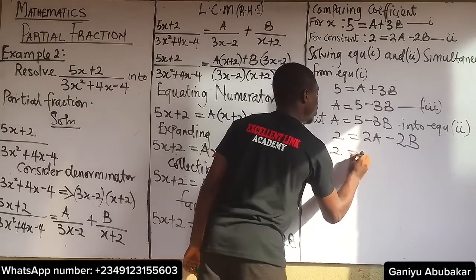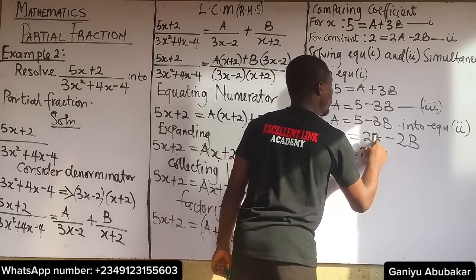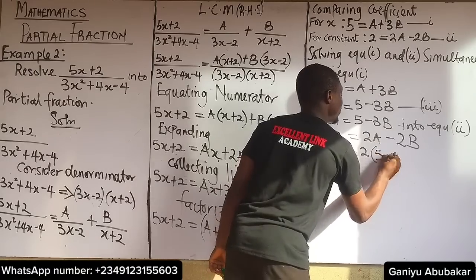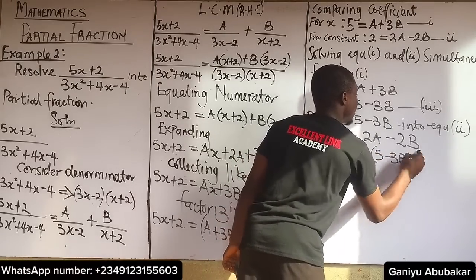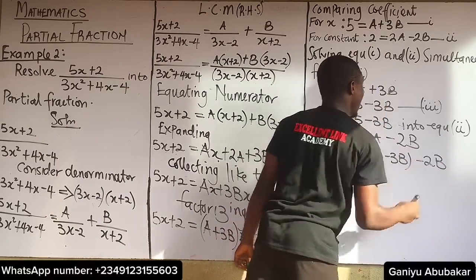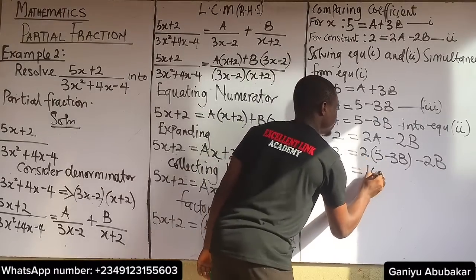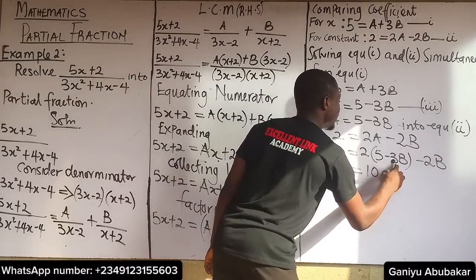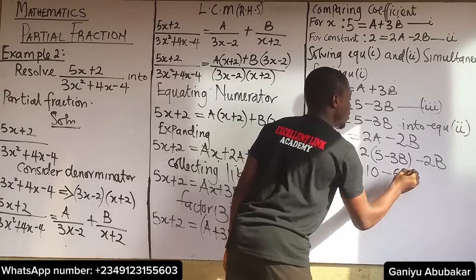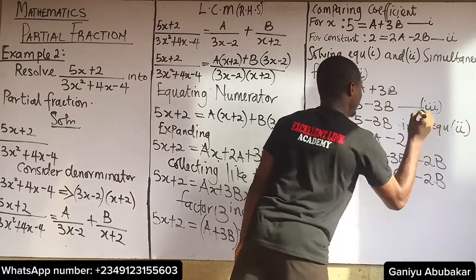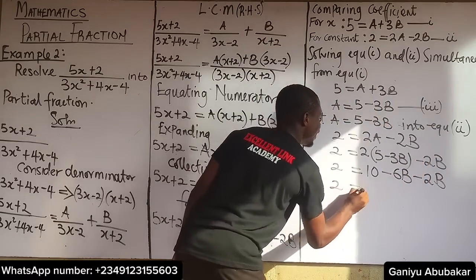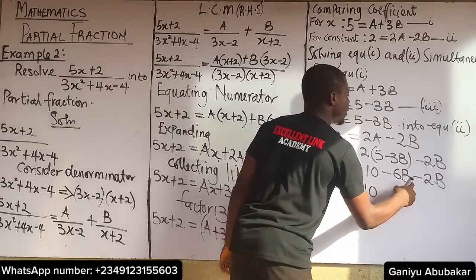So I have 2 equal to 2 into what's a? That's 5 minus 3b, minus 2b. I'm done with this. I'll have 2 equal to 10, 2 times 5 is 10, minus 2 times 3 is 6, and I have a b here, so minus 2b. At this point, 2 is now equal to 10 minus 6b minus 2b.